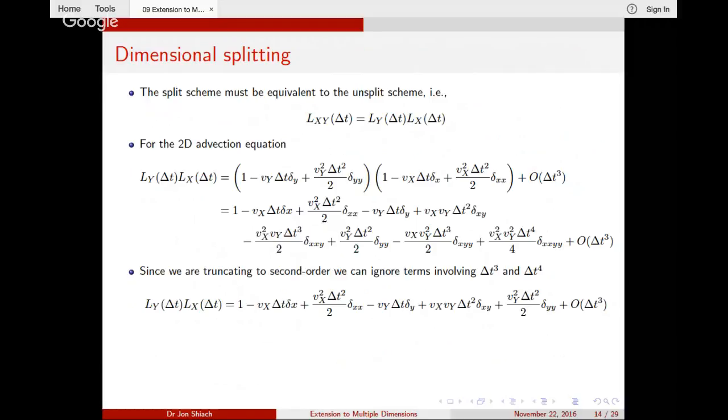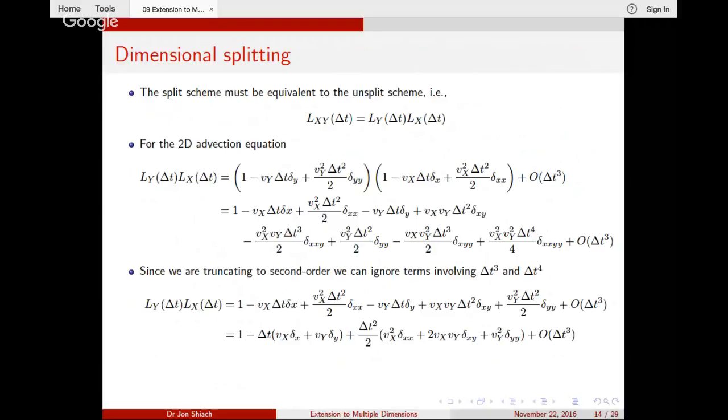So if I just wipe out those, that just gives you that, which we could do a bit of factorization. Okay, so here we've got a delta x term, there we've got a delta y term, but both are multiplied by delta t. Here we've got half the x squared delta t squared times a double derivative.